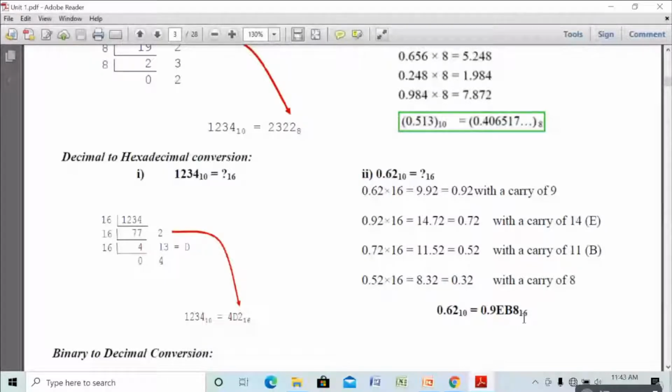Very good to those who answered correctly. So the answer is 9AF point DBE7. Up to this, if there is any doubt, you can ask.